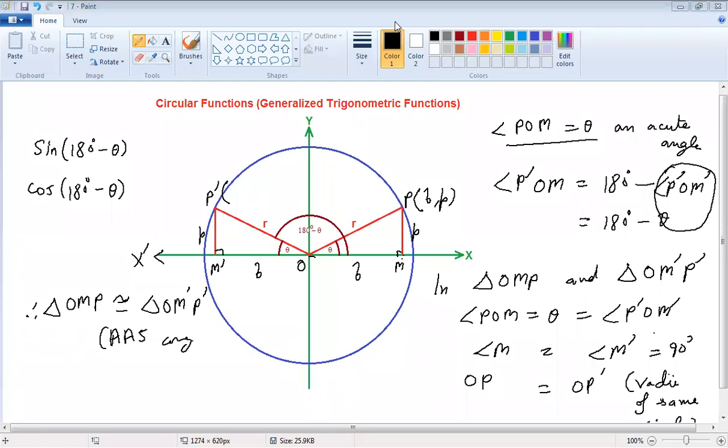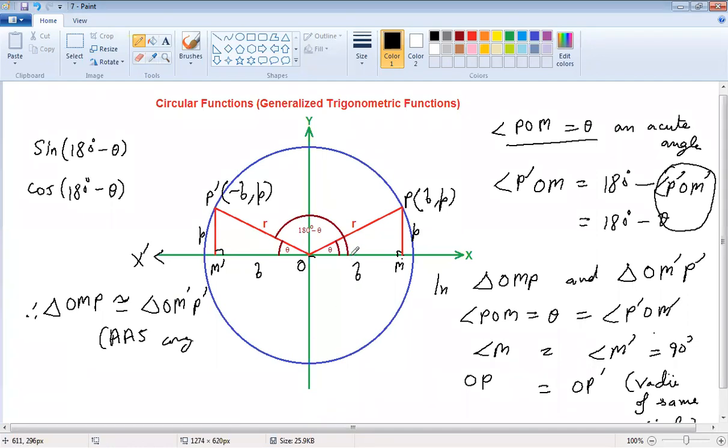The negative b. So this is negative b. And what will be the y coordinate? That is upwards only. This is positive, it will be positive p.